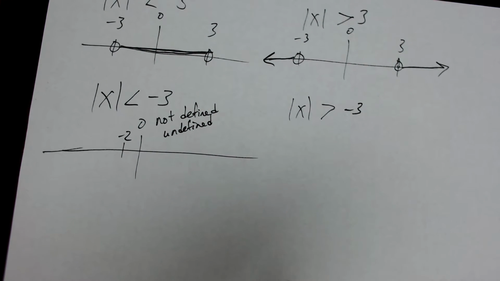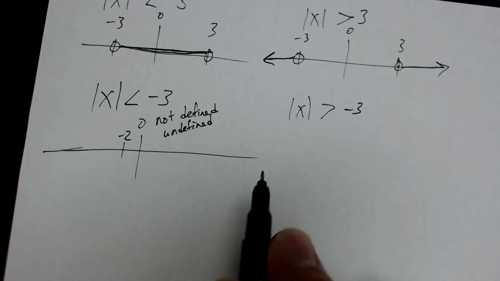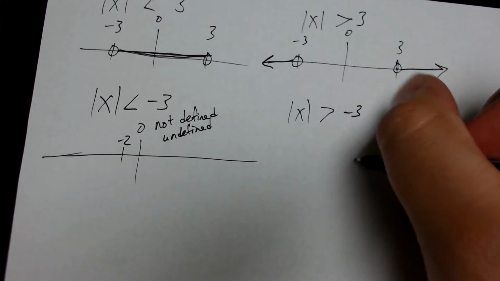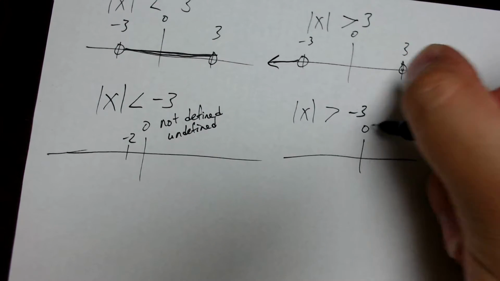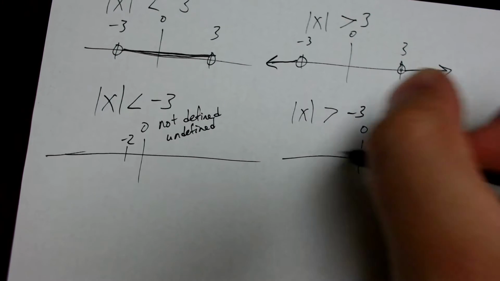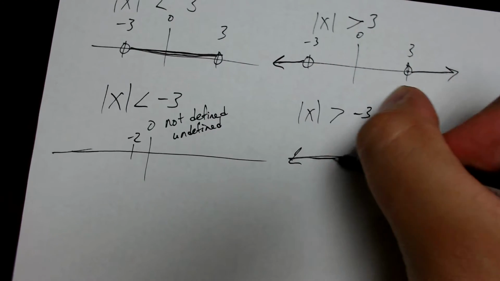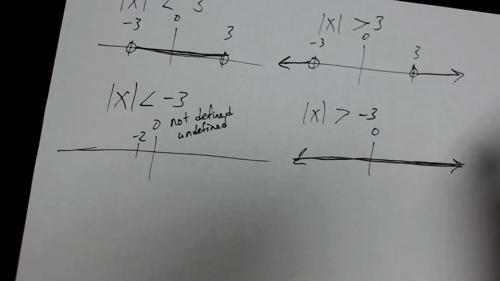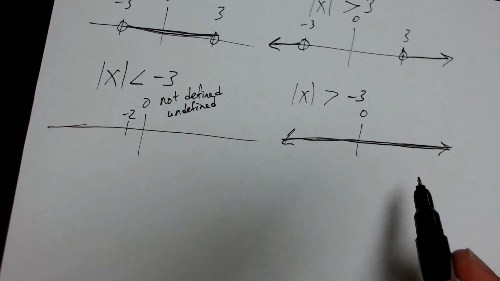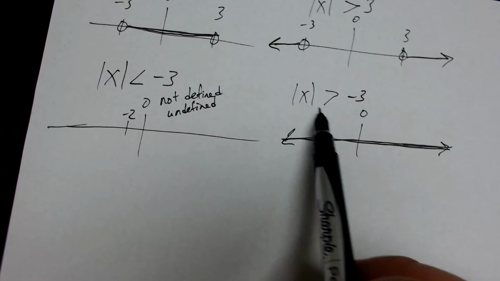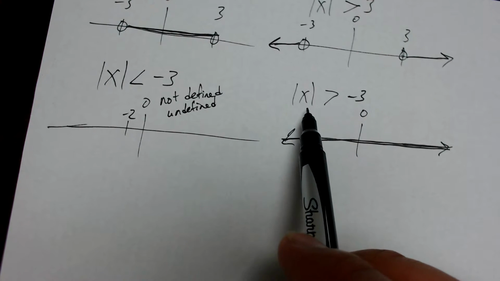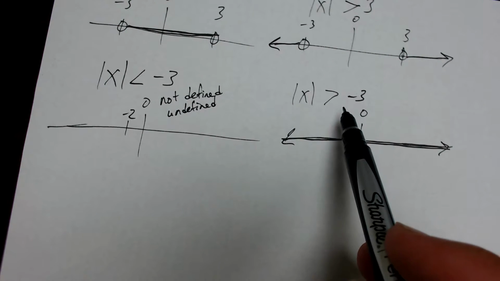Okay, well we have the exact opposite thing, where this one could be no values on the number line. This one is actually just going to be all of them. So this includes the entire number line, and the reason why is because even if we go to 0, if we plug 0 into this, the absolute value of 0 would be 0, and 0 would be greater than negative 3.